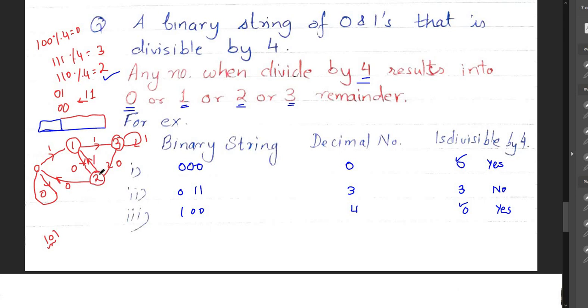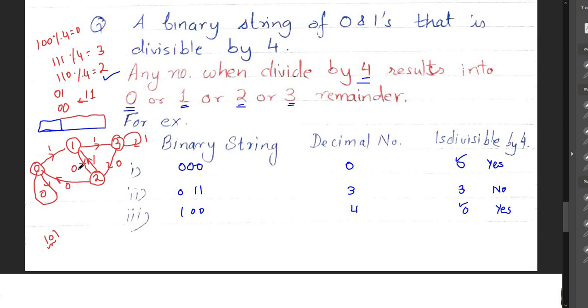So ultimately that will be the entire set. Either you can have remainder 0, or remainder 1, or remainder 2, or remainder 3. But you cannot have any other remainder when you divide by 4. When you divide any number by 4, you can have remainder 0, 1, 2, 3.